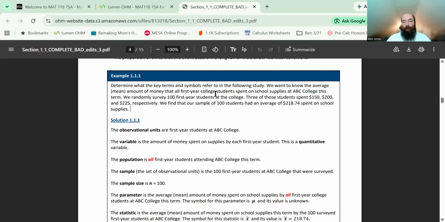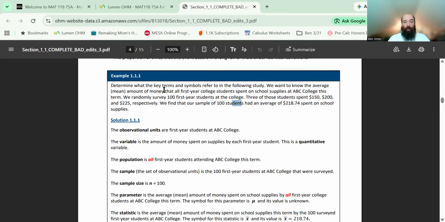Now, what makes statistics different than a lot of other subjects is we're usually basing things on incomplete information. If somebody wants to know how much all first-year students spend, they could ask all first-year students, but that might be very difficult. So instead of asking all of them, they take what's called a sample, which is a subset of the population. So our sample is 100 students.